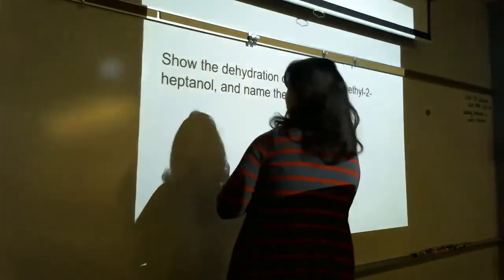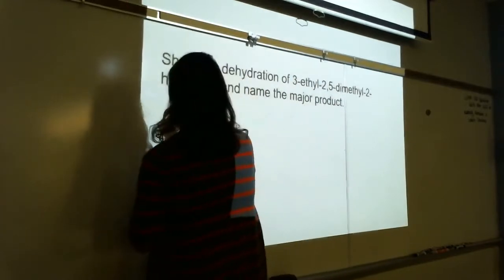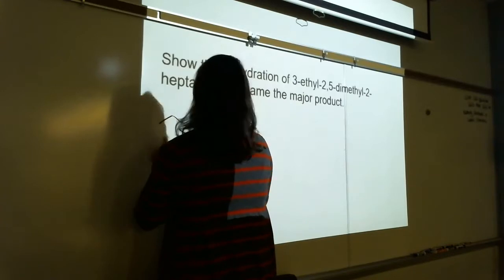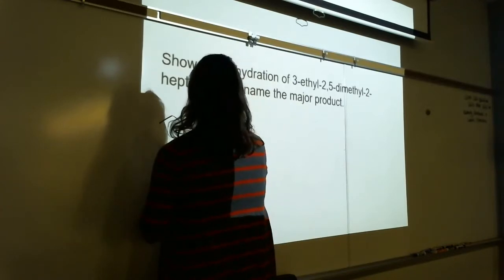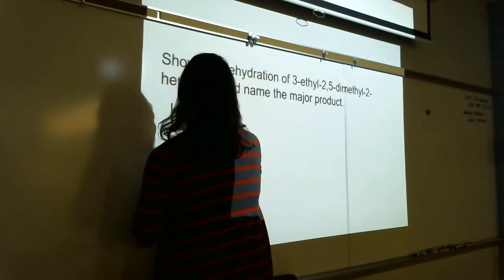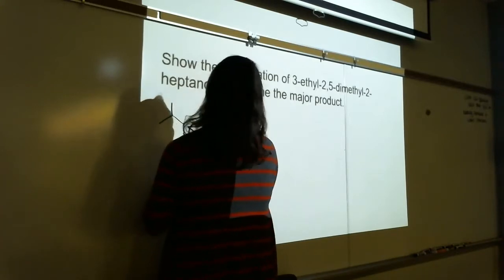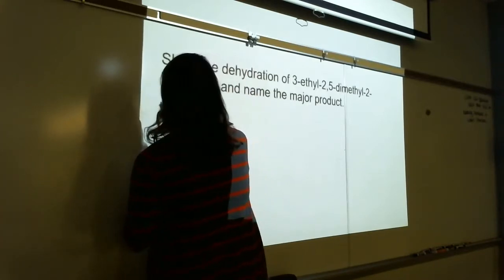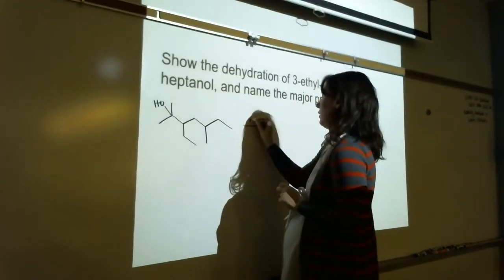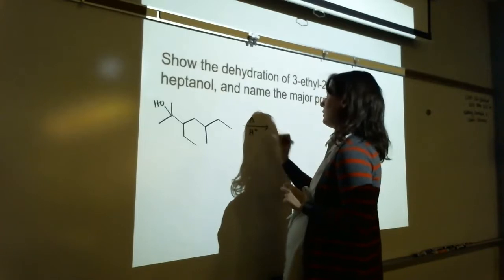Heptanol, 7, and it's not cyclic, so it's just straight chain. 1, 2, 3, 4, 5, 6, 7. 3-ethyl, 1, 2, 3. 2,5-dimethyl, 2, 3, 4, 5, and then 2-heptanol. All right, so we need our catalysts.